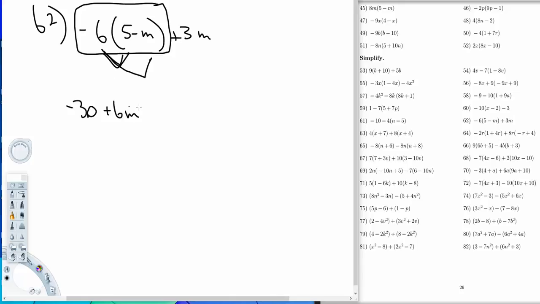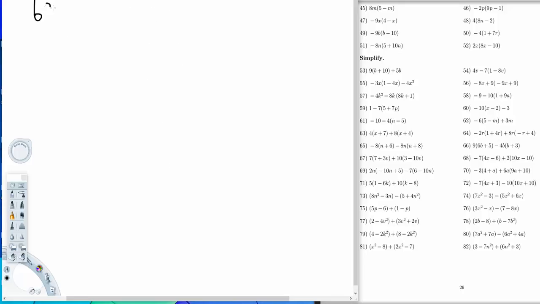And we're going to bring this down, plus 3m. Oh, these guys are the same, right? So minus 30 plus 6 of something plus 3 of the same thing equals 9 of the same thing. 9m. That's solved.